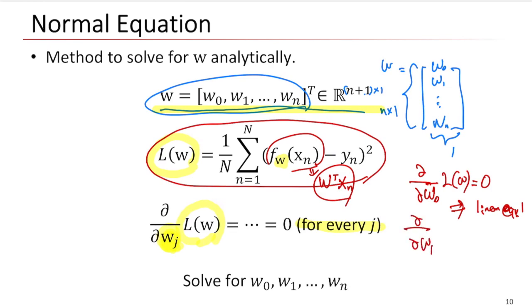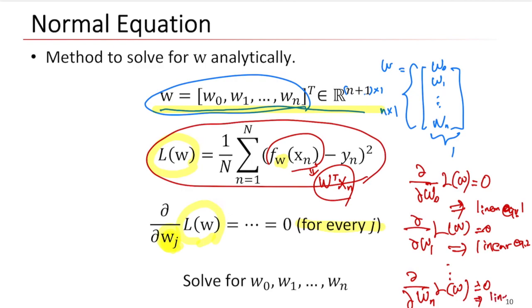And if we compute another, it introduces another linear equation, right? And if we compute the gradient of this loss function with respect to wn, it will generate another linear equation n. Okay. Let's say this is linear equation 0, 1, n.